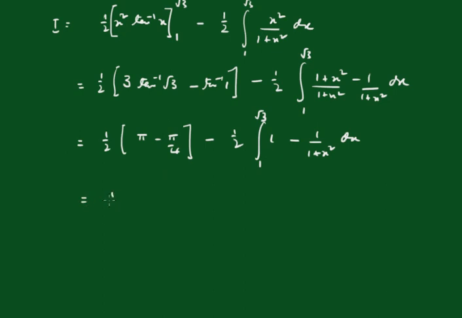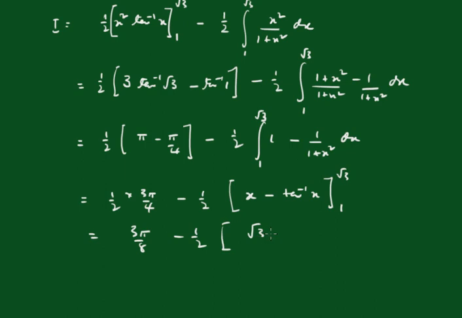So it's 1 half times 3 pi on 4, minus a half, and this is going to be x minus tan to the minus 1 of x between root 3 and 1, which is 3 pi on 8 minus a half outside of 1 minus tan to the minus 1 of 1, minus root 3 minus tan to the minus 1 of root 3.